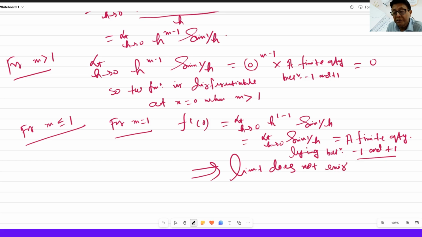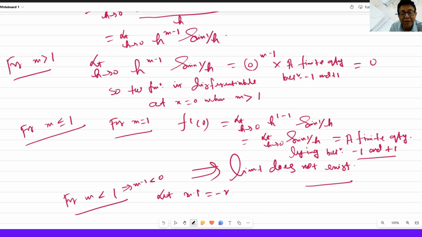Limit does not exist. Now for m less than 1, let m less than 1. This implies what? M minus 1 less than 0. Let m minus 1 equal to minus n. So the limit will be what? Limit h tending to 0, h to the power minus n into sine 1 by h.